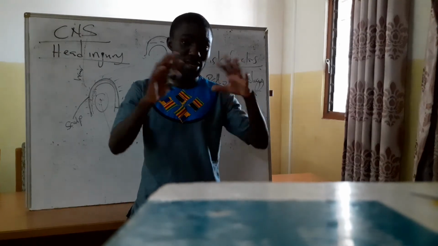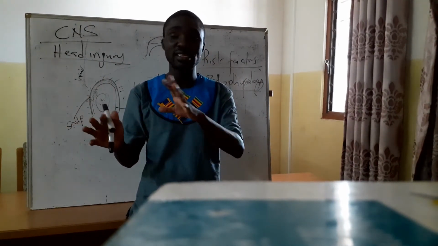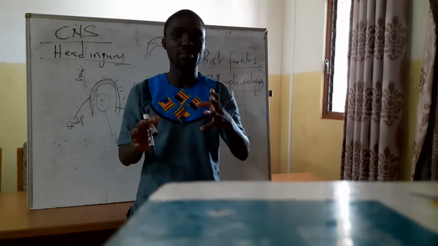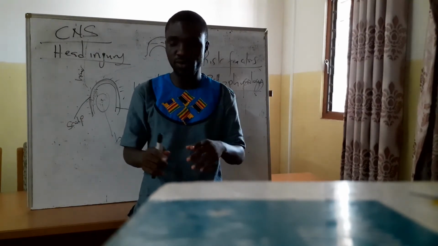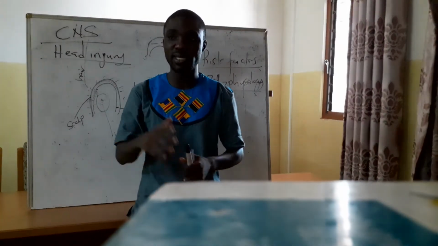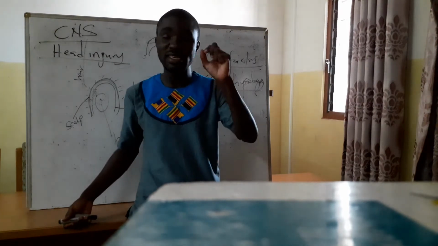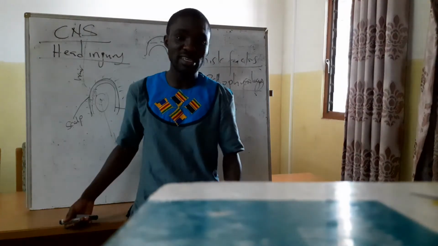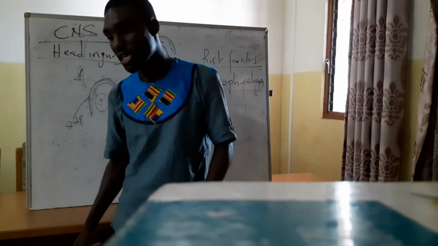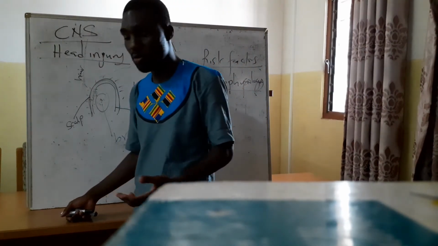So sometimes the blood vessels are not affected, then there will be no bleeding, but it can still affect your level of consciousness. But where the head injury is severe, sometimes the blood vessels are affected. So if the blood vessels are affected, then it means that the person will have internal bleeding, where you are going to have either subarachnoid or subdural hemorrhage, right?